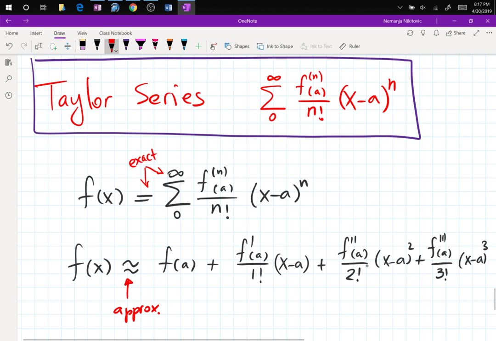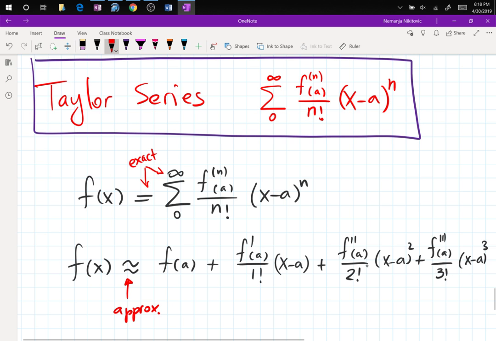Now, if you watched the last lecture, last stream, I had that graph where we looked at the sine function and what happened as I kept adding terms. If I just had x, that was just a linear line, right? And it was good for a little bit.